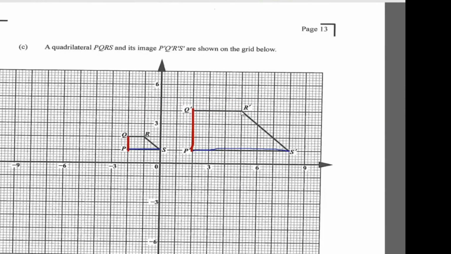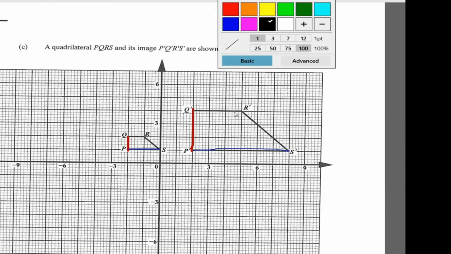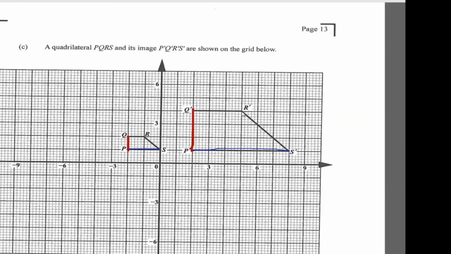It passes through R prime, which is right here, R prime and R. All right, that's a black line to represent it going through R and R prime.